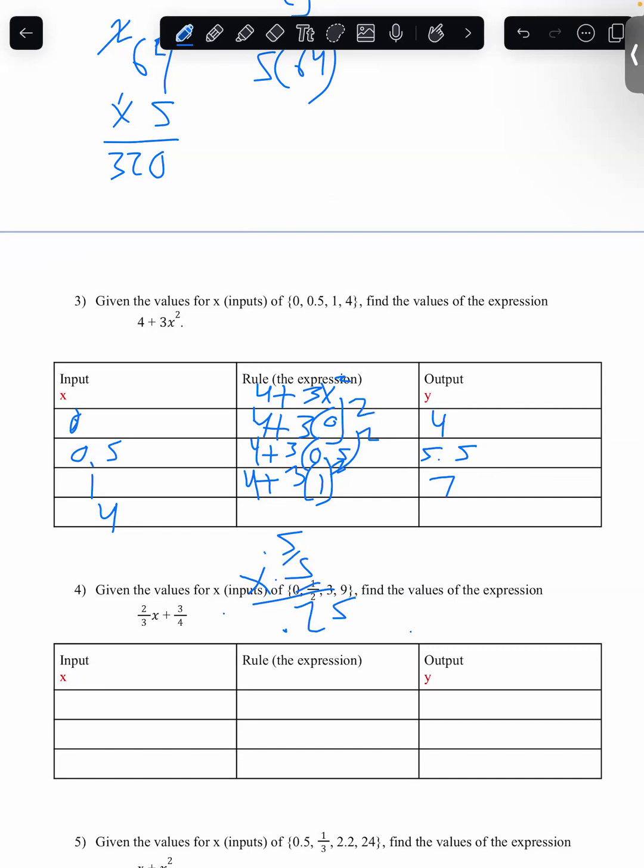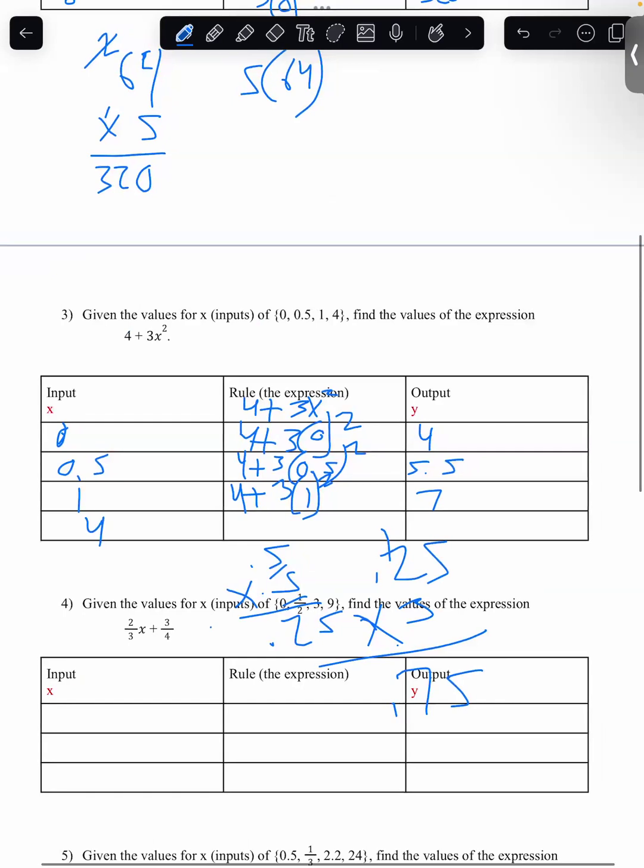Okay, then we have to do that times 3. So 3 times 0.25. Okay, that's going to give us 75. All right, 0.75. So 4 plus 0.75. Okay, 4.00 plus 0.75.